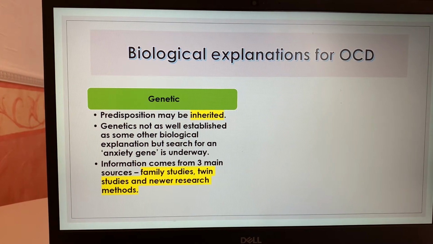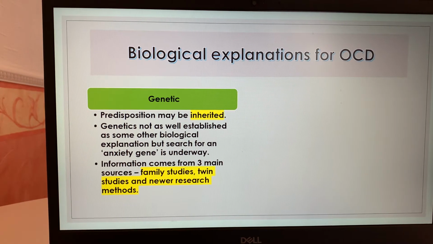So a genetic explanation then is the predisposition to OCD might be inherited from parents, grandparents, siblings, whatever. Genetics aren't as well established as some other explanations, but things like the anxiety gene, they're really trying to test for. Same with depression.